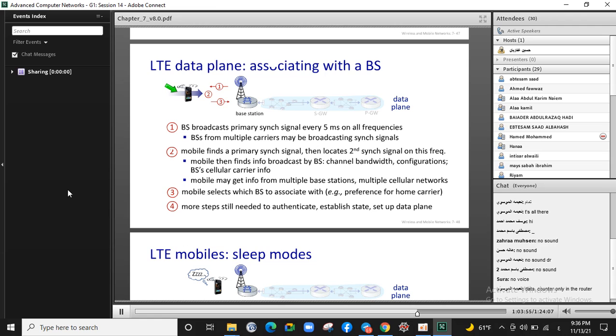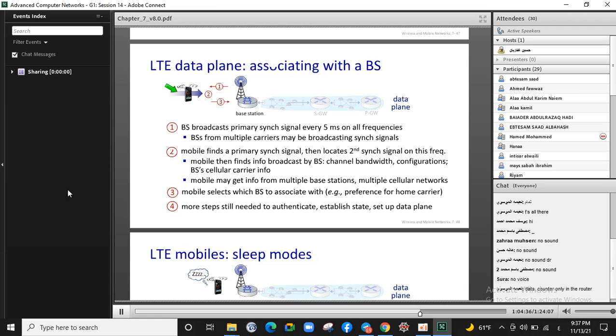After that, my cell phone should look within that information to find the best solution. After finding the right information, my mobile phone can try to associate with the BS.